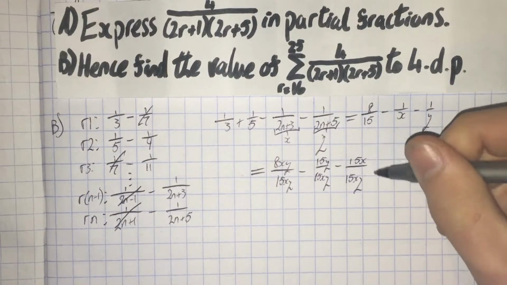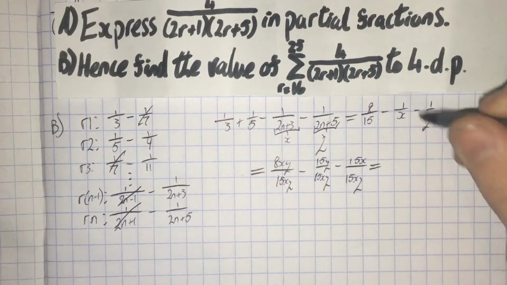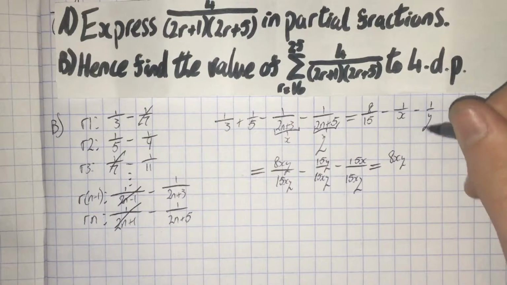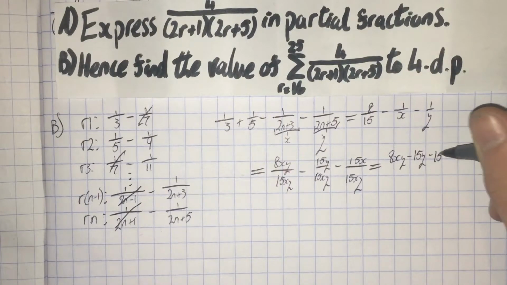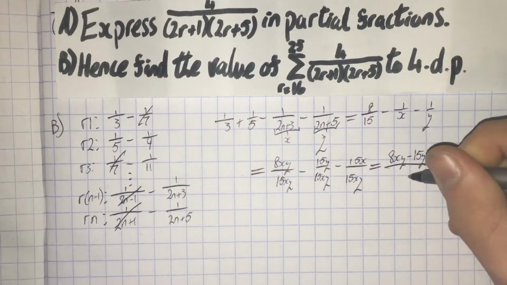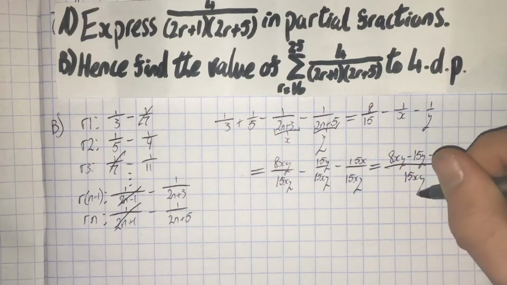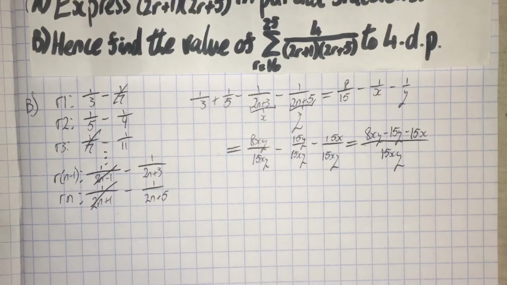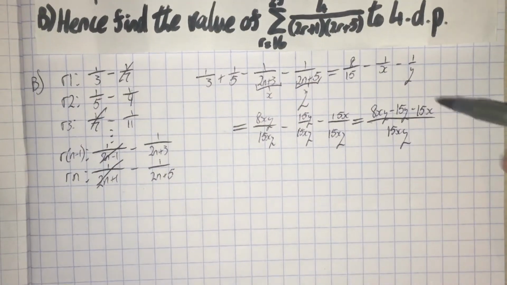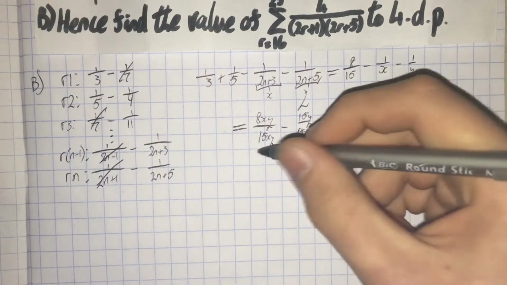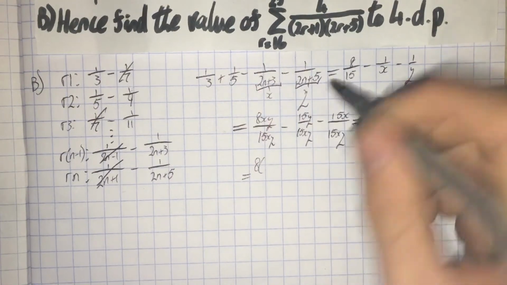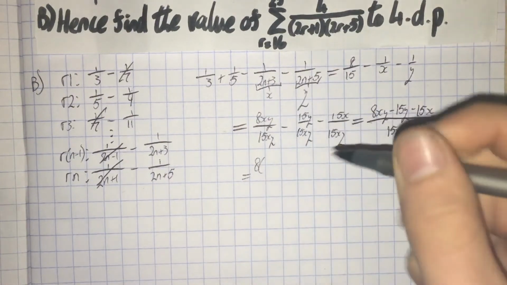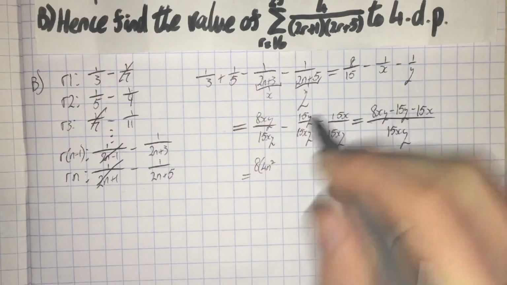But now we can add the terms, or subtract them even. So 8xy minus 15y minus 15x all over 15xy. So let's get down to some simplifying. So this will give us 8 times x times y, so that will give us 4n squared.